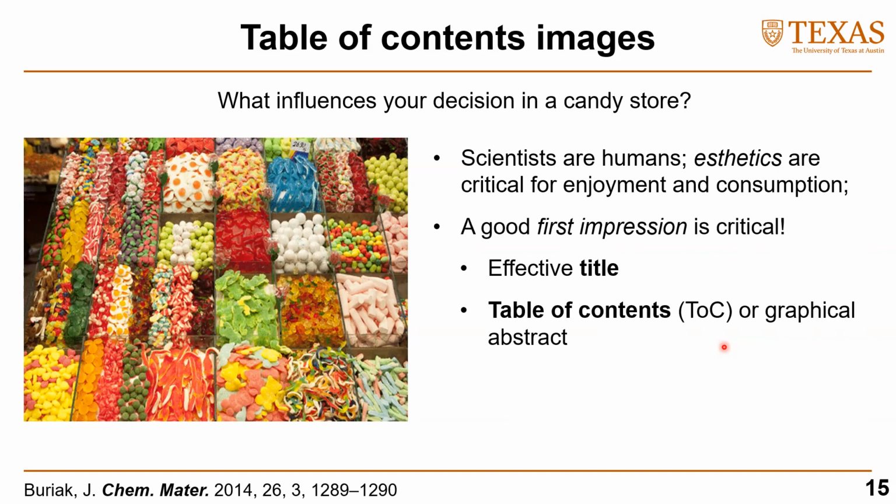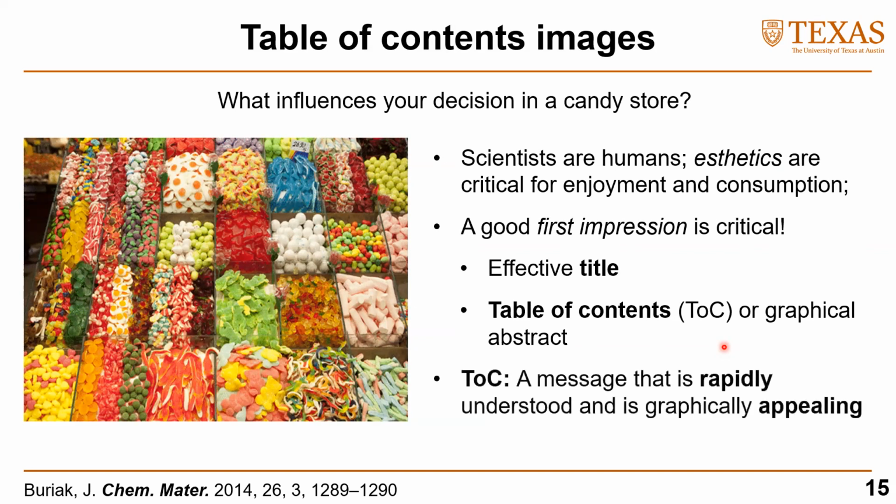But the second and also equally important is the table of contents, also known as graphical abstract by some journals. So the TOC basically is a visual message that tells the story to the reader before reading the paper.